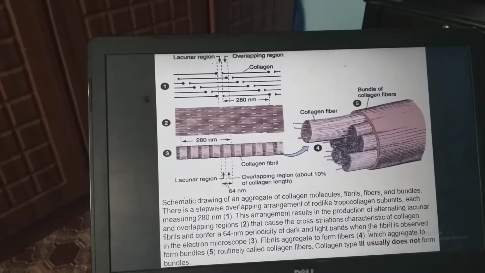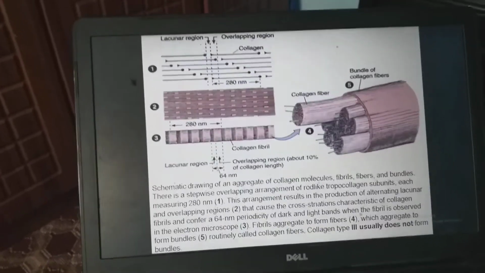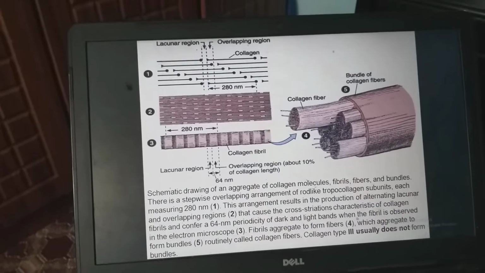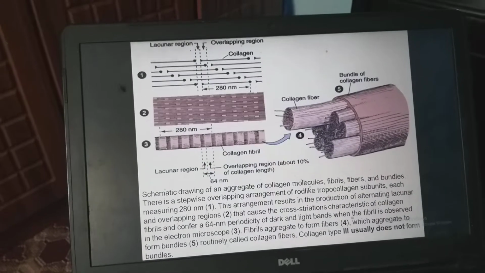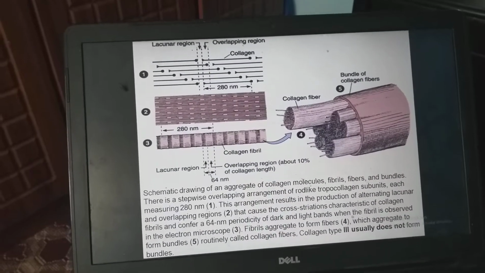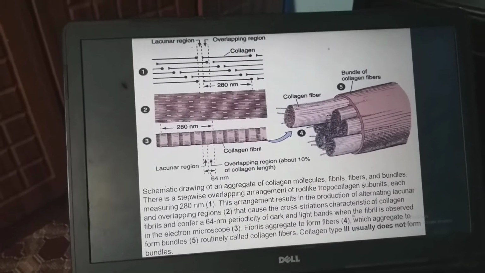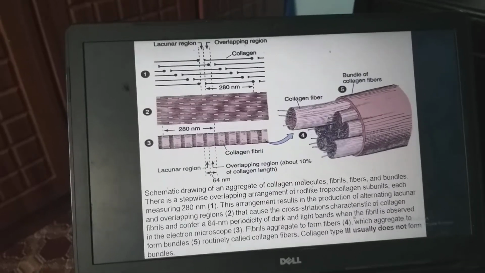Observe the stages of the formation of collagen. There are about 5 major stages. In the first, the arrangement results in production of alternating lacunar and overlapping regions. The first one, observe it. There are overlapping regions, and this overlapping arrangement results in production of alternating lacunar and overlapping regions, so that it causes cross striation.